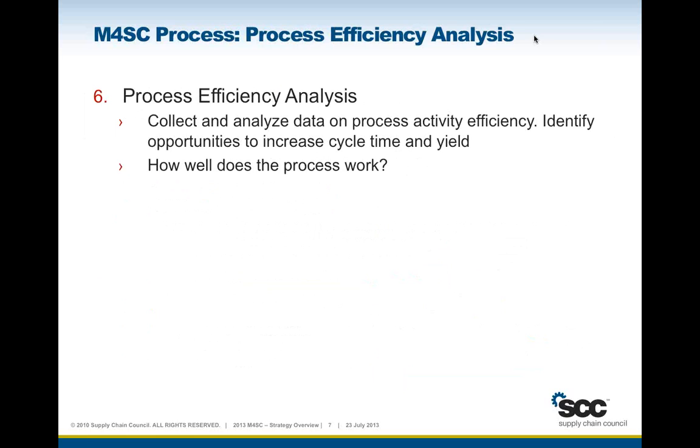Then the last task within the analysis is basically looking at the process efficiency. So this looks at activities that are waiting for time to pass. Often what we see is that to make a process faster, you don't need to actually work harder.